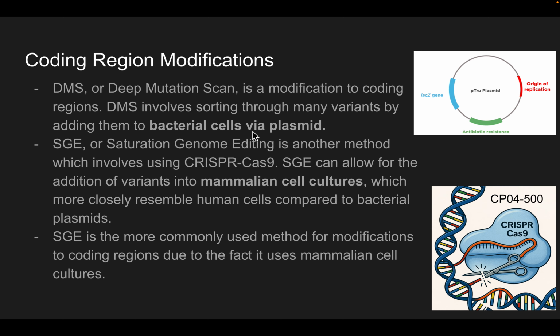The difference is that SGE, which stands for saturated genome editing, involves using CRISPR-Cas9 to insert the variants into mammalian cell cultures instead of bacteria. And this is the more preferred and commonly used method for modification of coding regions, due to the fact that you use mammalian cell cultures instead of bacterial ones. As you know, bacteria don't have intron-exon cutting, so it more closely resembles human cells compared to the bacterial plasmids.